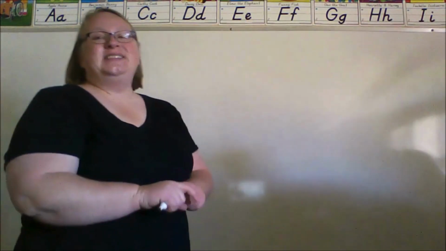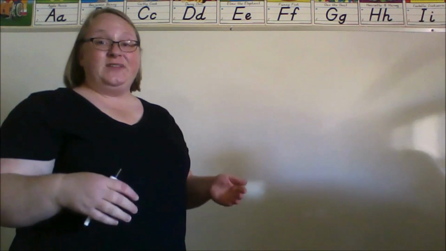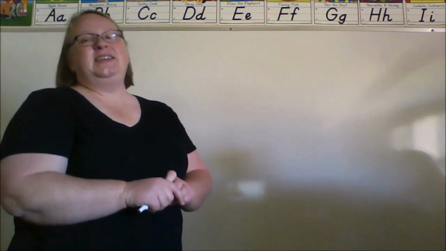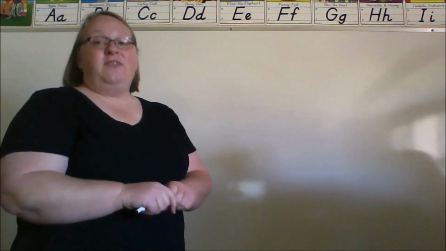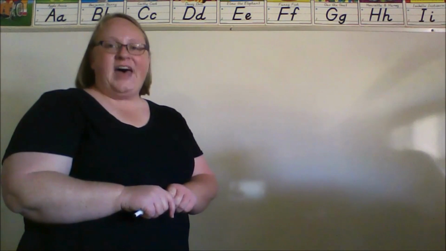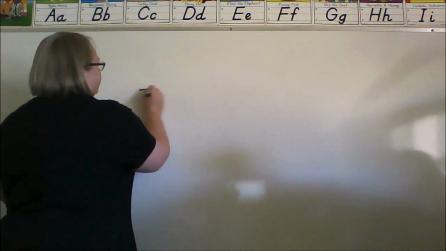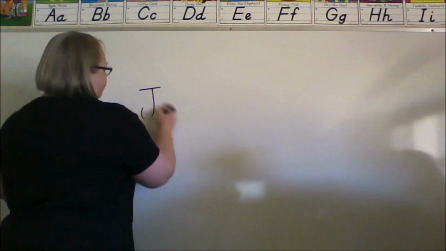Hello, virtual friends. It's time for another daily message. We're going to stay with our nursery rhyme, and today I'm going to make the sentence, Jack fell down. Can you say that with me? Jack fell down. Awesome. Now let's write it. Remember, I start my sentence with an uppercase letter.